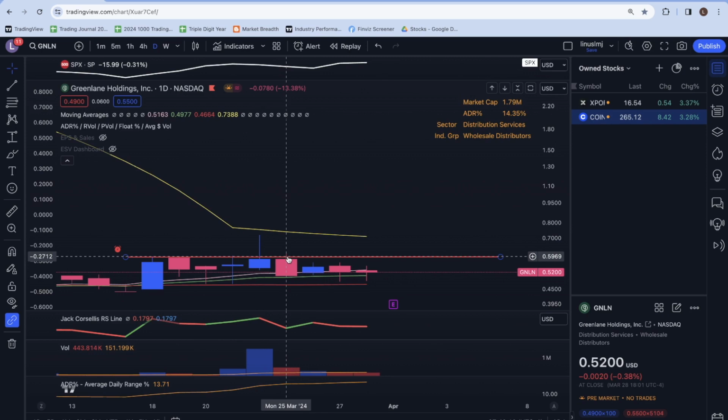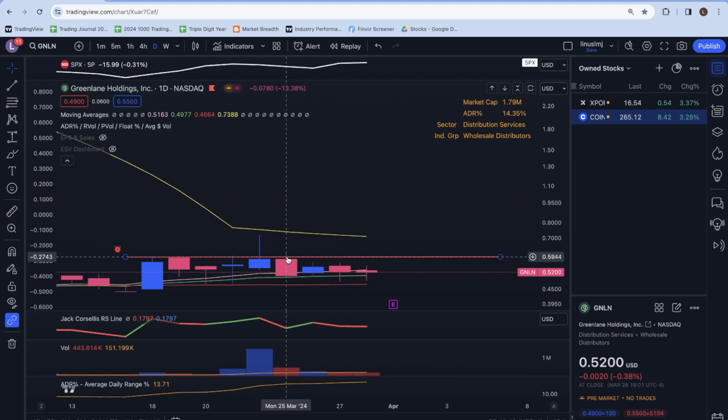The second one is after prices broke above and went down, it closed back below the breakout level. At that point, I should have at least sold half, if not all, of my position. The reason I bought the stock is because it broke out, so if it breaks below that breakout level, then I should be selling.